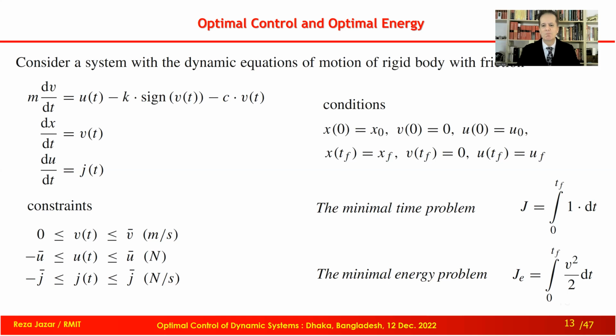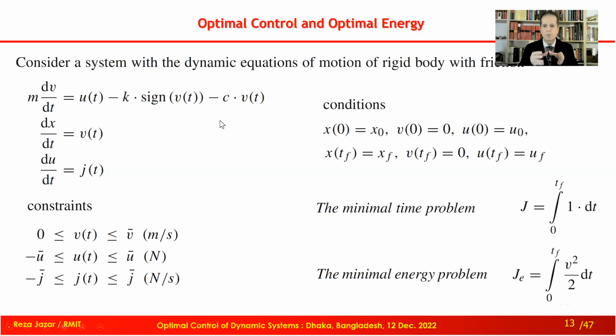U of t means force or input, which is a function of time, minus k sign of v. V is velocity, k is the coefficient of friction. So here we have a mass, external force with friction and with air resistance, which is c dot v. So we have a mass, a force, friction, and air resistance applied.